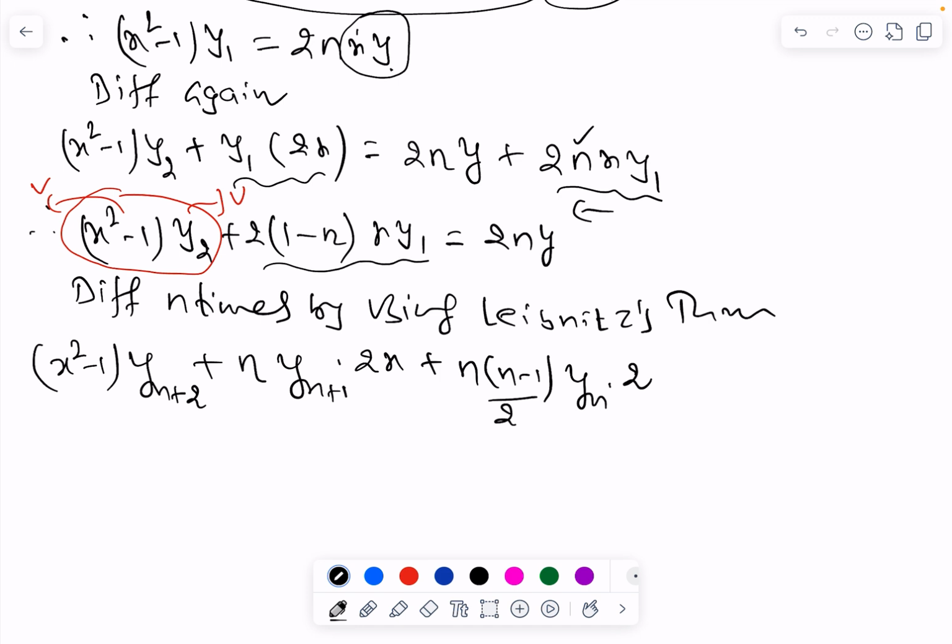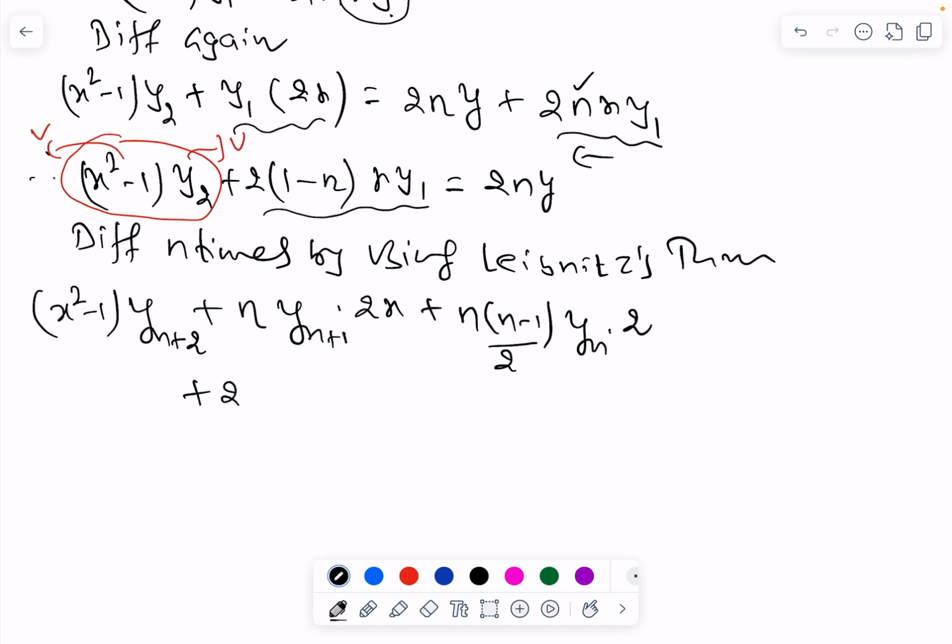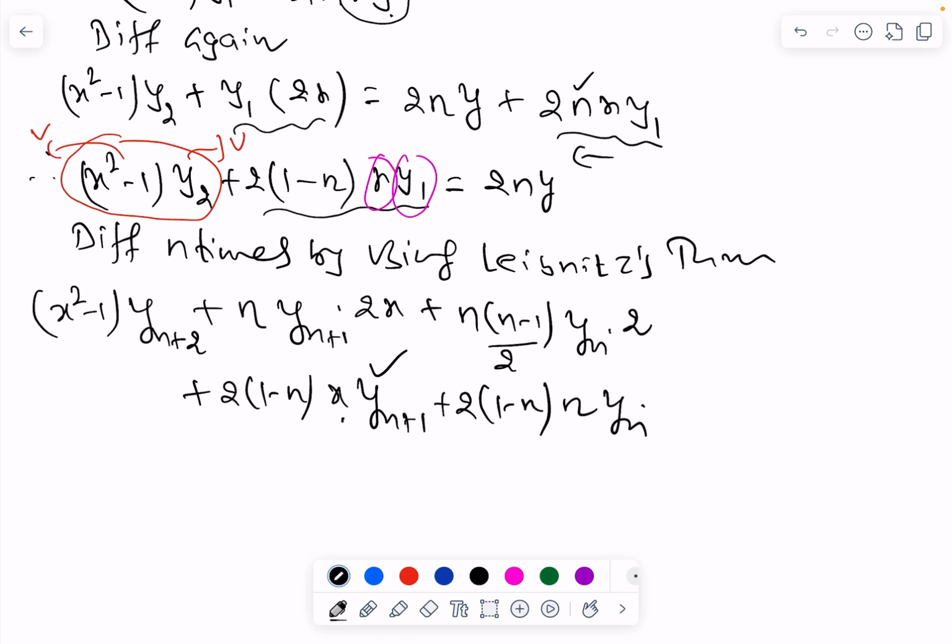Now this plus 2(1 minus n) x y_{n+1}. So this is u and this is v, plus 2(1 minus n). Now nC1 is n, derivative one less, so that is y_n, and derivative of x is 1, is equal to derivative of 2ny, n times, is 2n y_n.